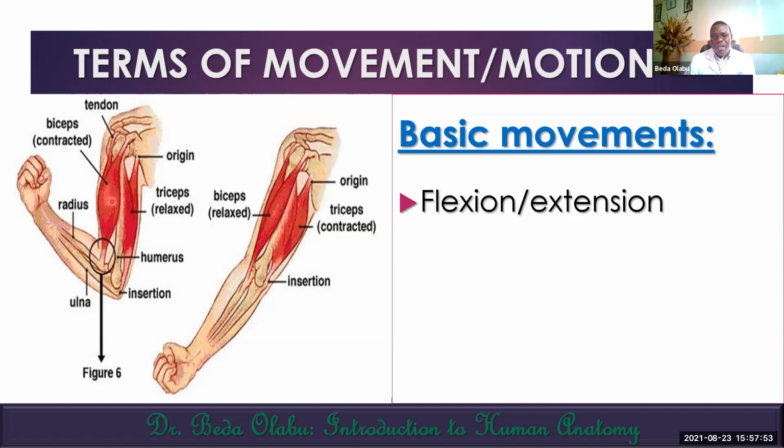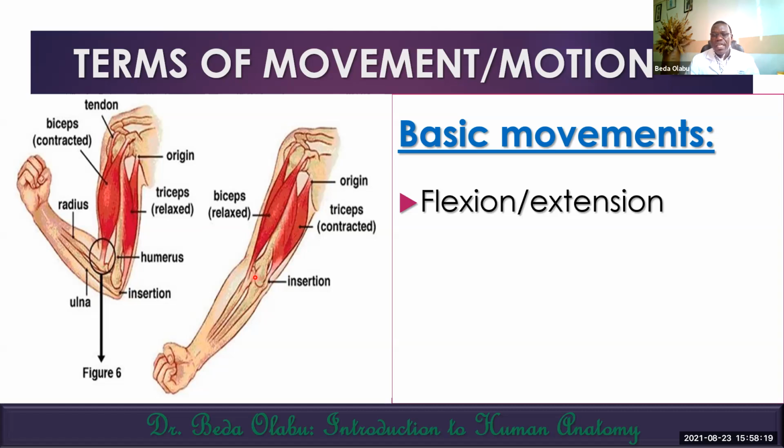So in the image here, this is the joint. To flex is to reduce the angle at that joint, in this case, the elbow. And to extend is to increase the angle. I forgot to tell you, but it's not too late, that when you're talking about movement, it is important that you indicate the joint we are referring to.